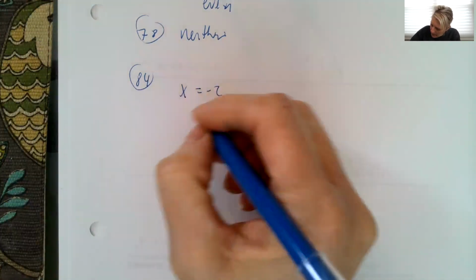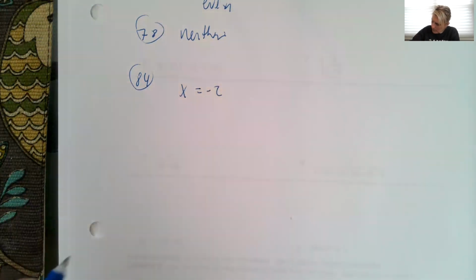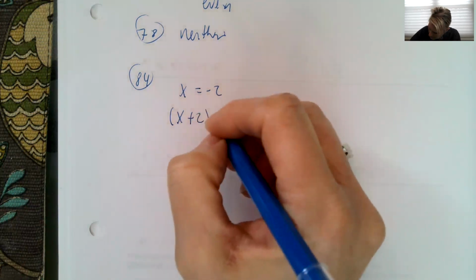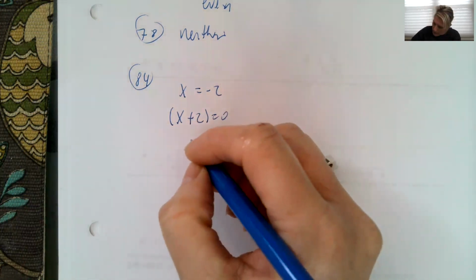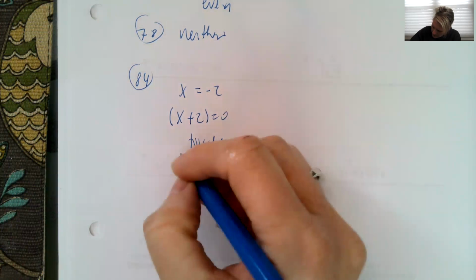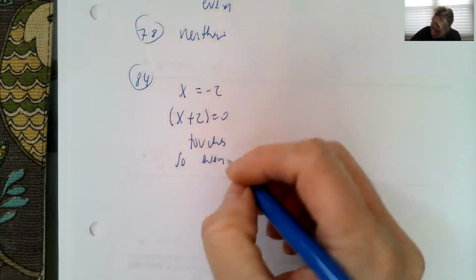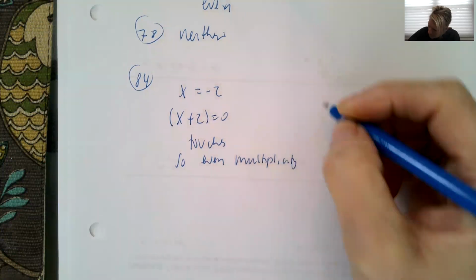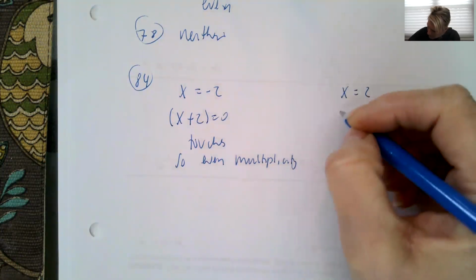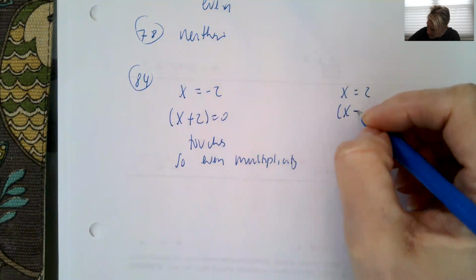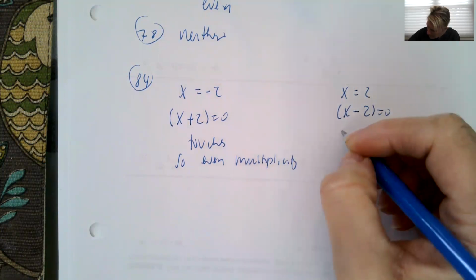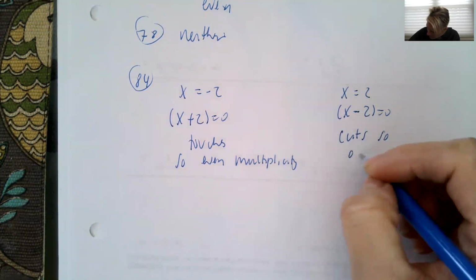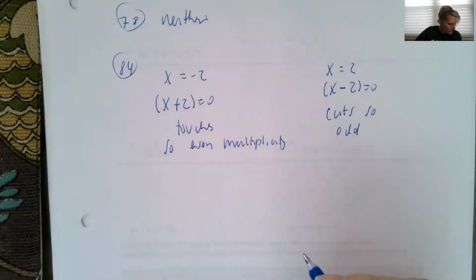If we make that into one of the factors, it would be x plus 2 equals 0. And we said this one touches, so even multiplicity. And then the one at x equals 2 is really x minus 2 equals 0, it cuts, so odd multiplicity.